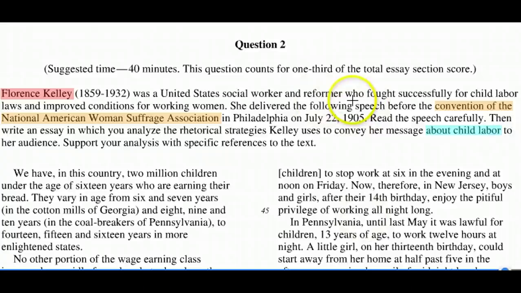The occasion was a speech in Philadelphia on July 22nd, 1905. And finally, this was a little tougher to find. The purpose was that she fought successfully for child labor laws and improved conditions for working women. That's the purpose of her speech.